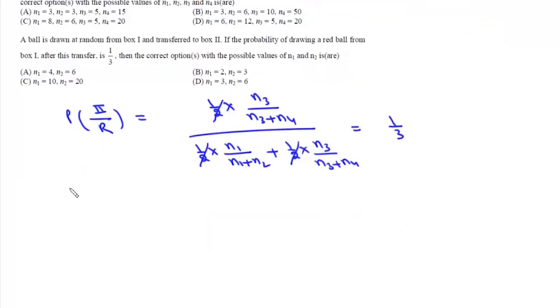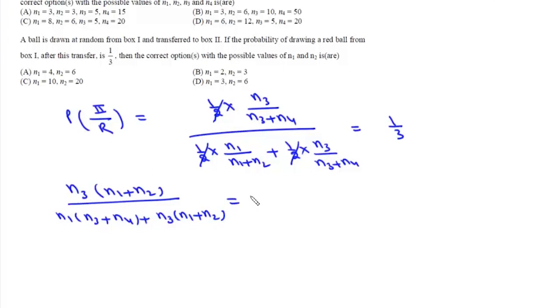Now 1 by 2 will cancel. Now we can simplify this as n3 into n1 plus n2 upon n1 into n3 plus n4 plus n3 into n1 plus n2, and this is equal to 1 by 3.